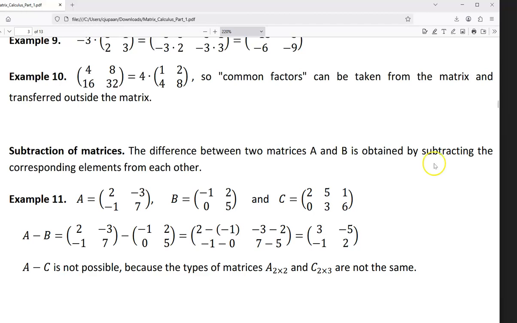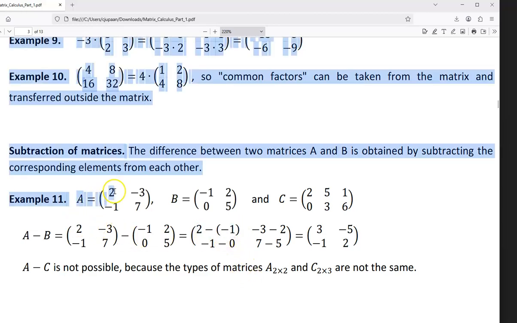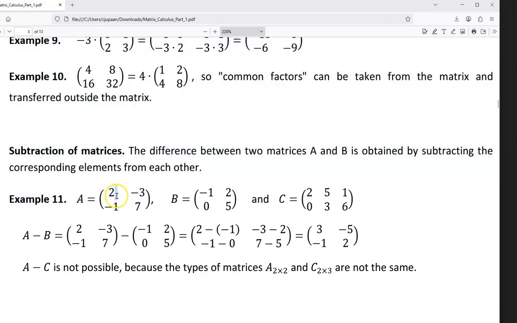So for example, if I have A minus B, that means that I have to take elements from matrix A and subtract the elements of matrix B. As you see here, 2 minus 1, or this element here minus this element here, gives us the element of the difference matrix. Simple way to do.